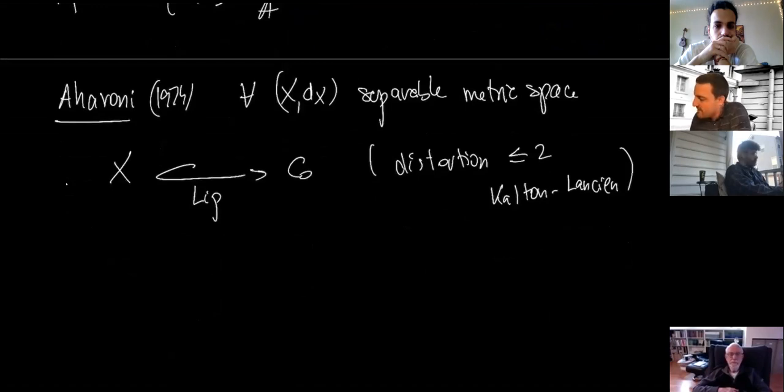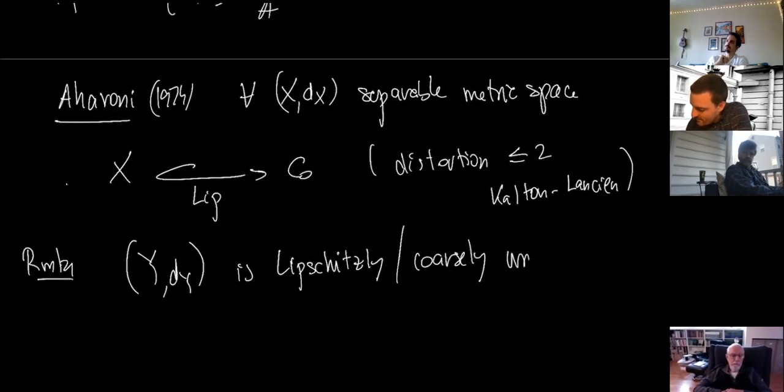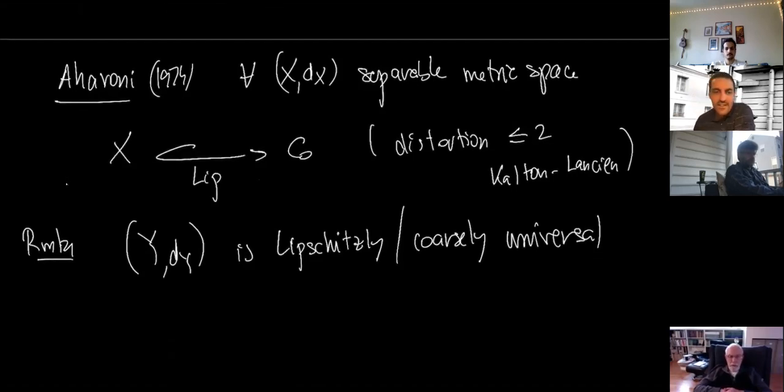So because of Aharoni's theorem, I'm going to say that a metric space Y is Lipschitzly or coarsely universal. The definition is self-explanatory here, which means that Y will contain a bi-Lipschitz copy of every space in the class that you want to consider.